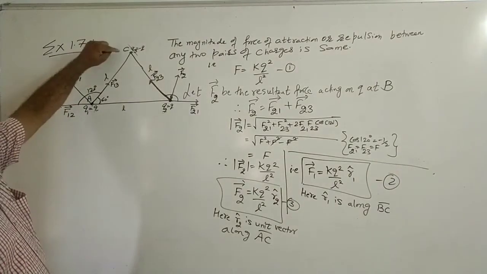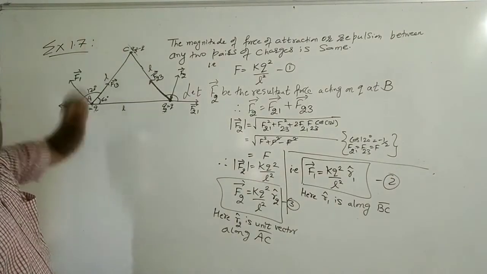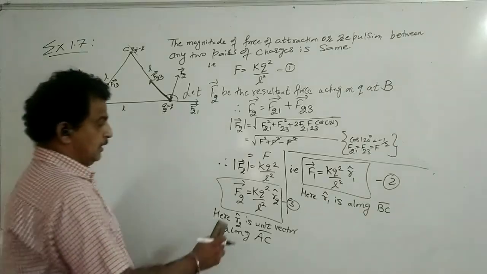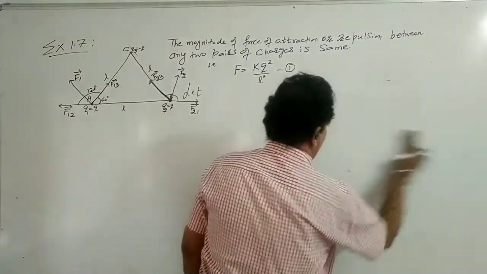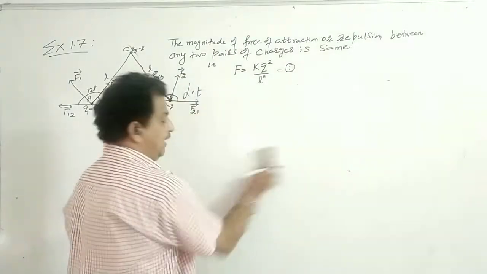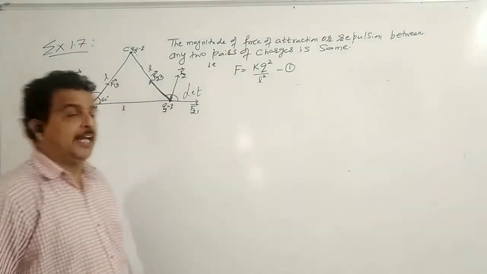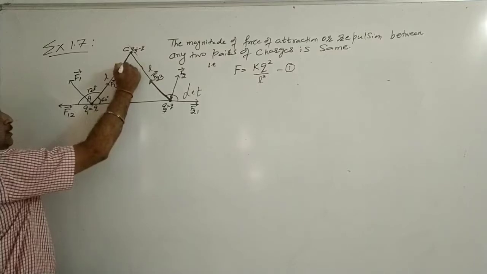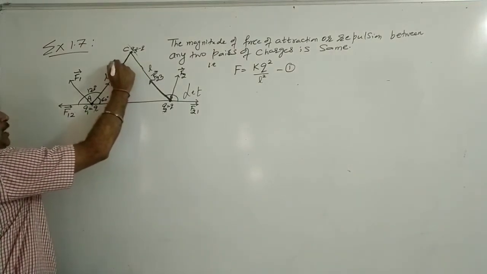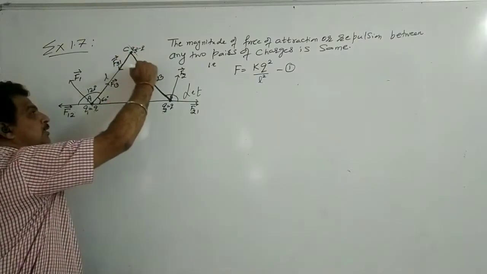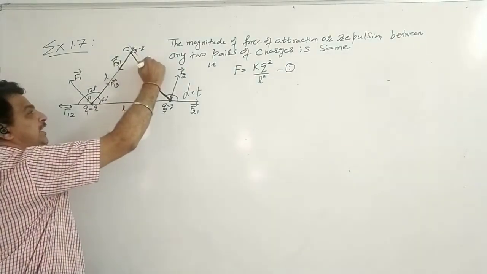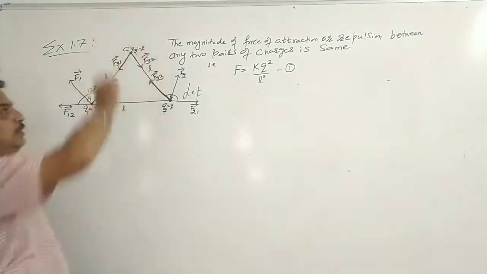Now we have to find out the force acting on C. Now C is a negative charge, so it will be attracted towards A and B. So this is the force acting on 3 due to 1. This is the force acting on 3 due to 2.